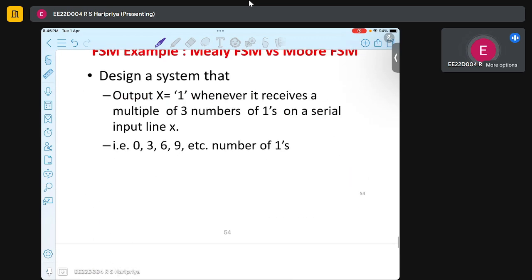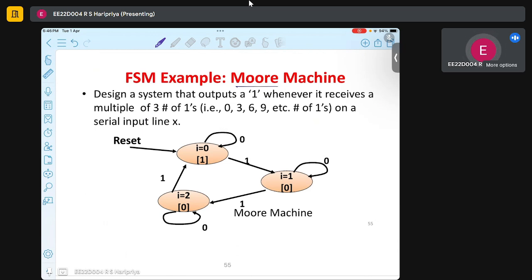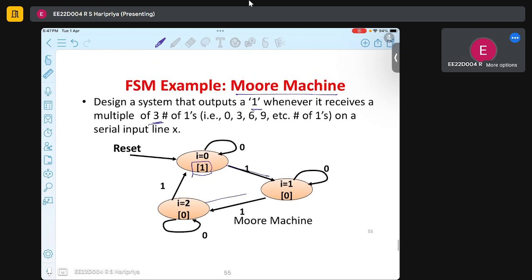Output x is equal to 1 whenever it receives a multiple of something. So let's say we have a Moore machine and we are designing it so that the output is 1 whenever we receive three 1s. So we have a state and we have the output 1 here: 1, 2, 3. Three times 1, the output is 1.